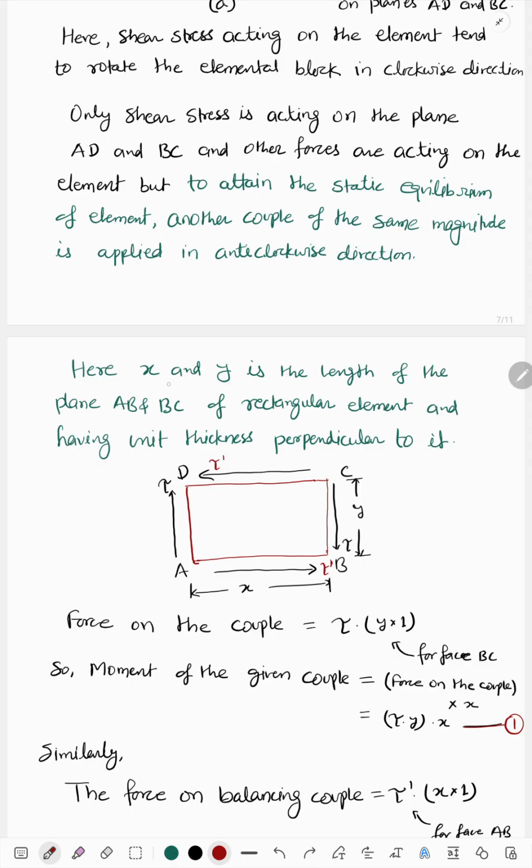Here x and y are the lengths of the planes AB and BC of the rectangular element, and it has unit thickness, so we can say the thickness is 1.